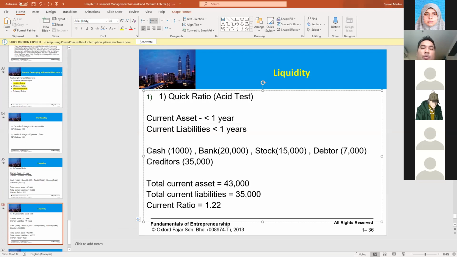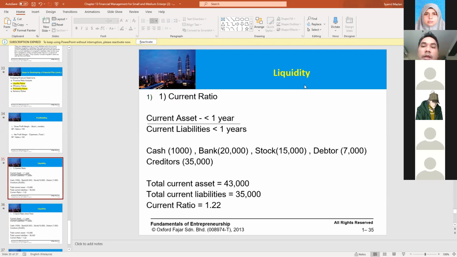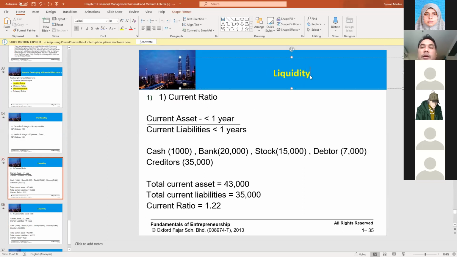When you go to profitability, you want to see whether your company is making a profit or not. On the liquidity side, we want to see the liquidity of your cash.